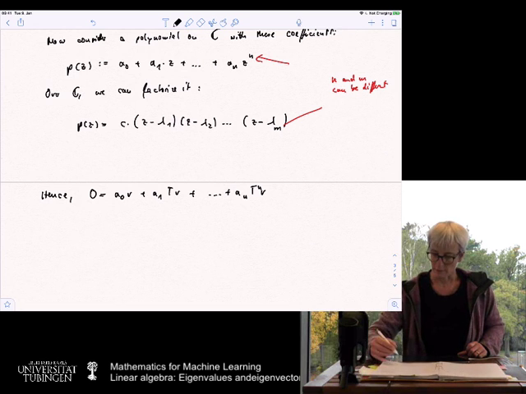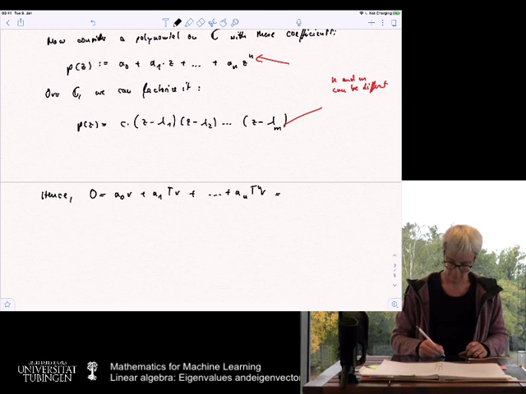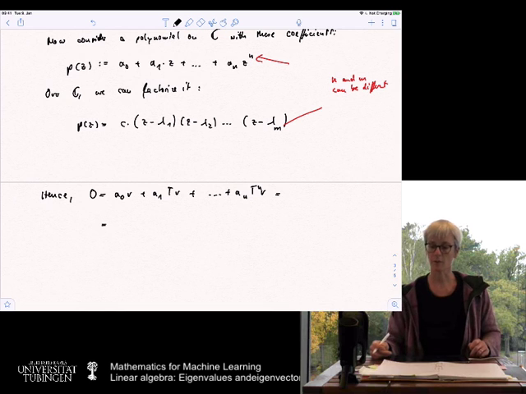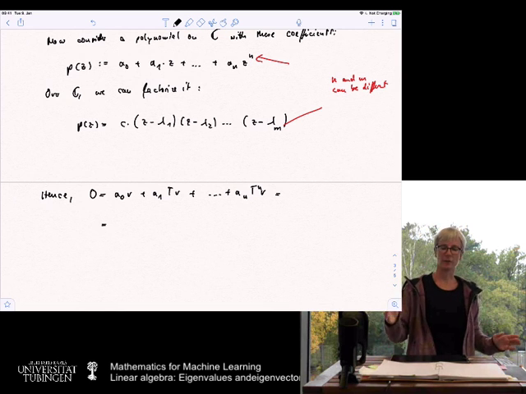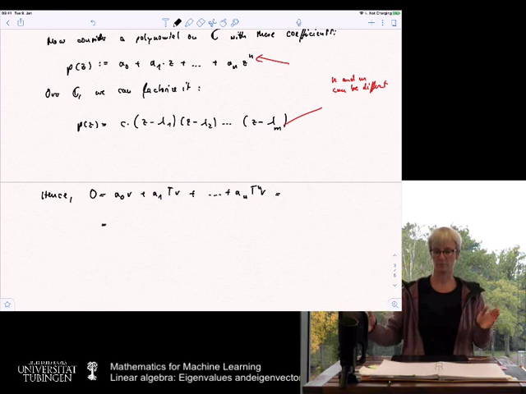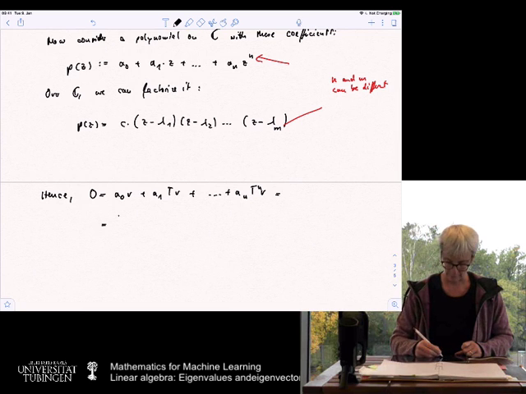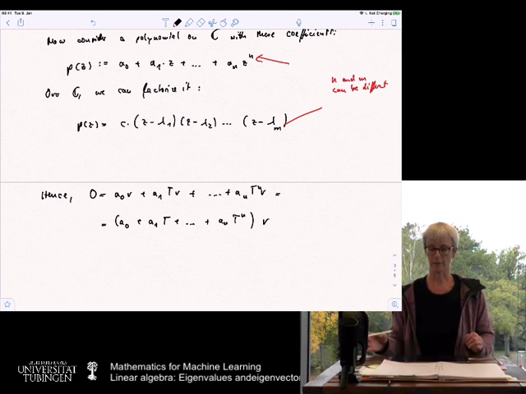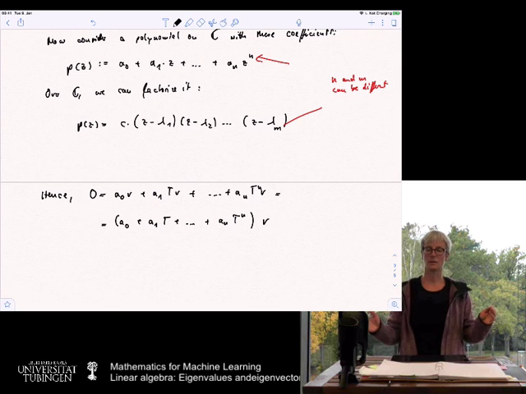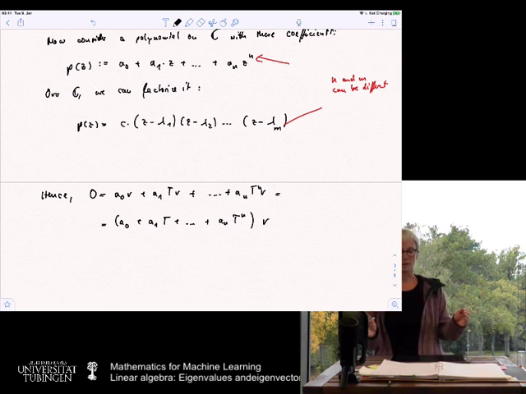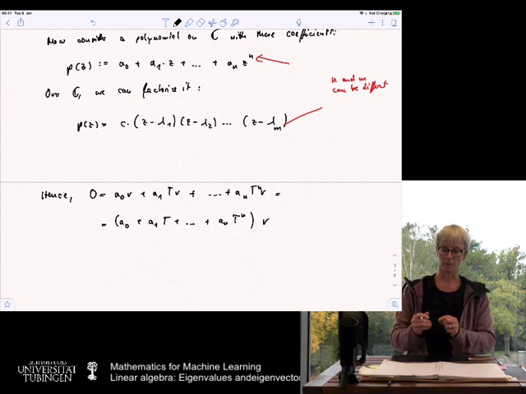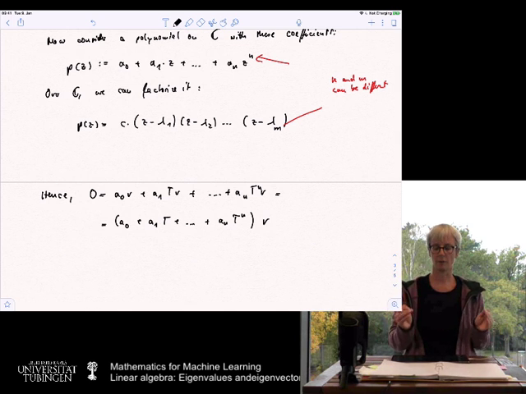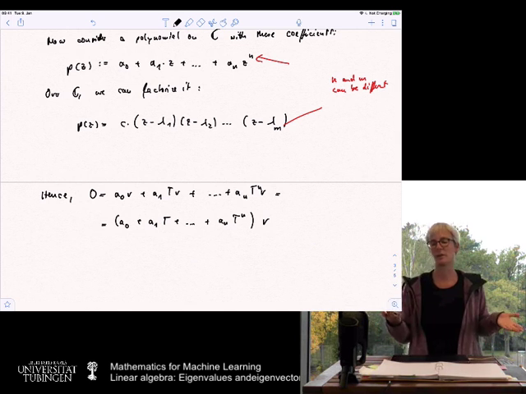Let me just make sure I don't lose where I want to go. Now what can we do? First of all, we take the v out, so it is (a0 plus a1 times T plus and so on plus an T to the power of n) times v. This is by linearity: we group the operators first and then apply to v. This is a consequence of being linear.